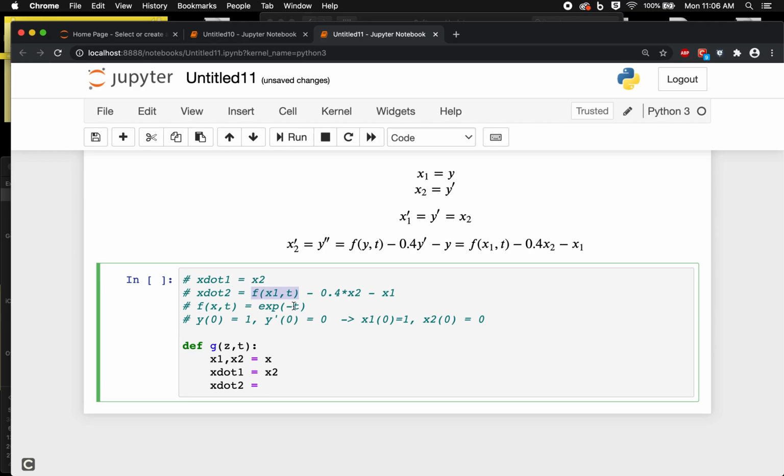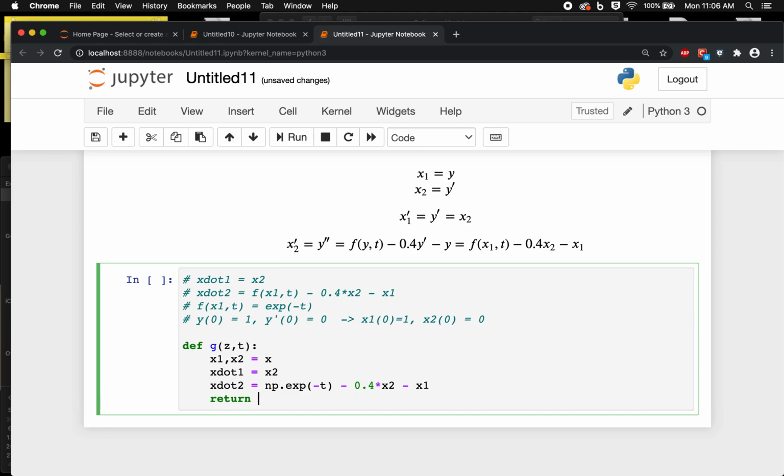And this function, I should put x1 there. It's going to be simply the exponential of minus t, so it's going to be a decaying term. And then I'm going to have 0.4 times x of 2, and then I'm going to have my x1 term. And then I'm just going to return x dot of 1 and x dot of 2.